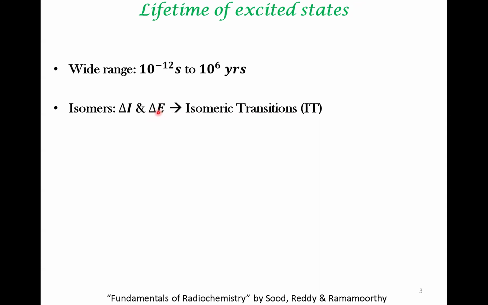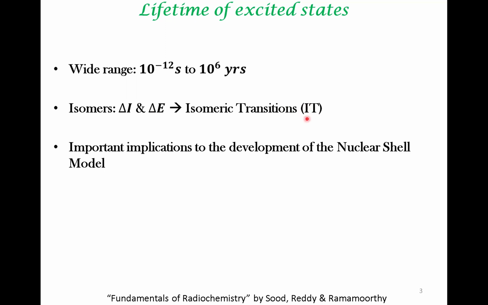The de-excitation from a higher energy state to a lower state is often referred to as an isomeric transition, given the symbol IT. All these transitions had important implications that suggested the organization of nuclear structure within nuclear shells.